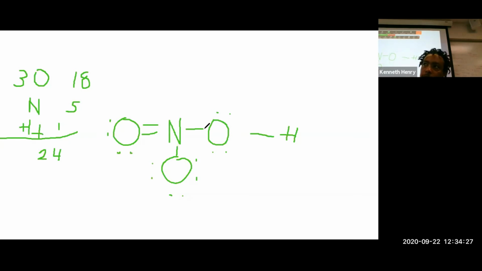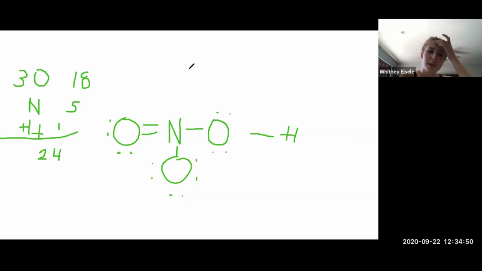So we have 1, 2, 3, 4, 5, 6 around oxygen. Hydrogen has 1, so you have the one that's sharing here, and the other one is sharing here with that 1 free electron. You see that? No?